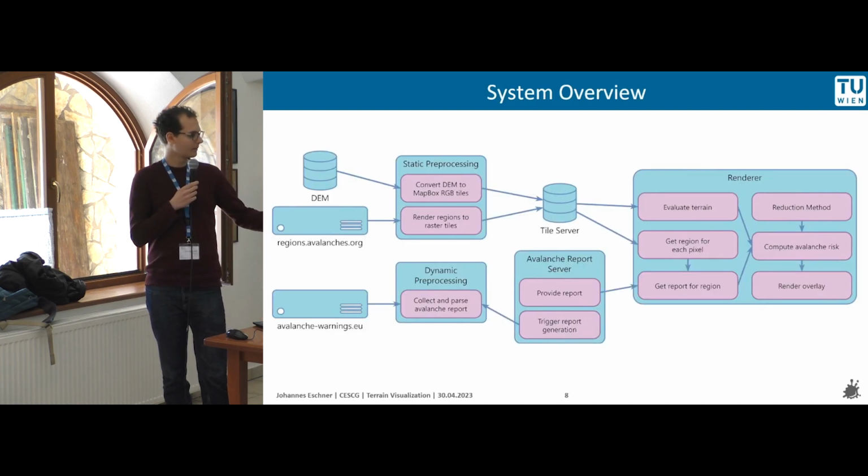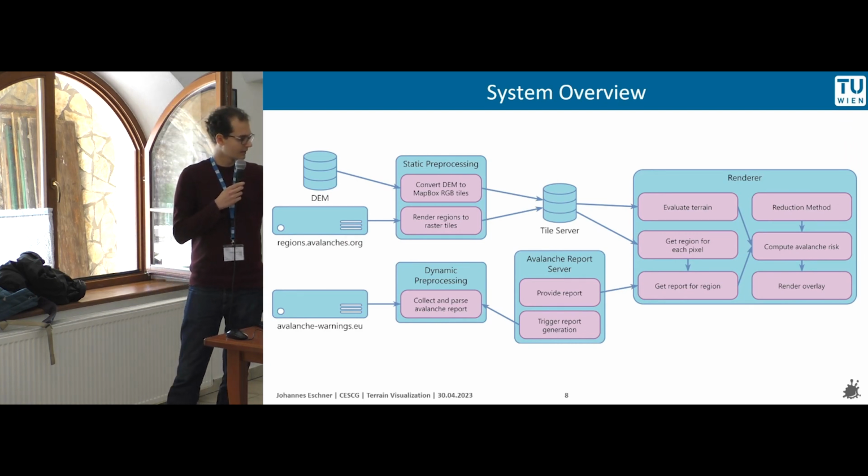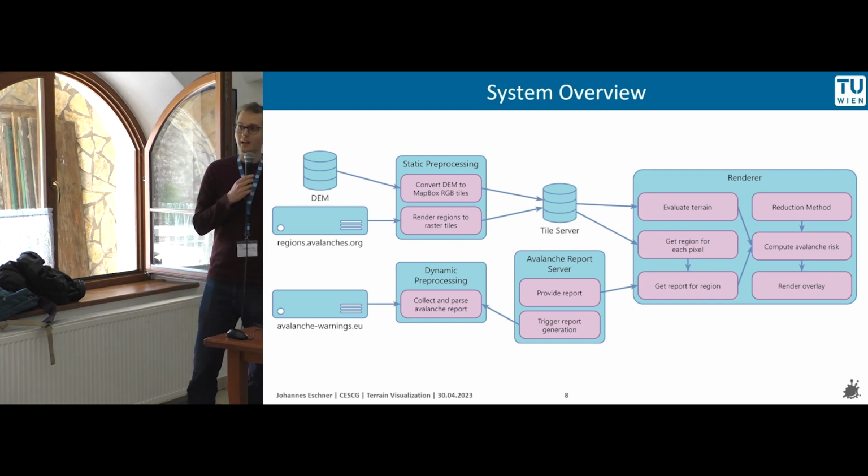Yeah, I built an application using MapLibre, where basically I have different tile sets. For example, one of them is the digital elevation model. One of them is also a tile set for the regions. And then, of course, also the real-time information from the avalanche report.